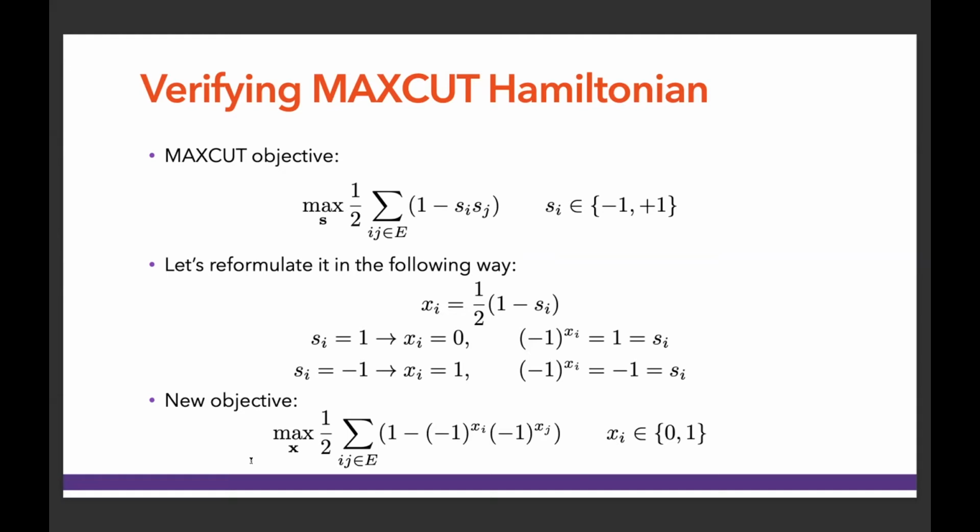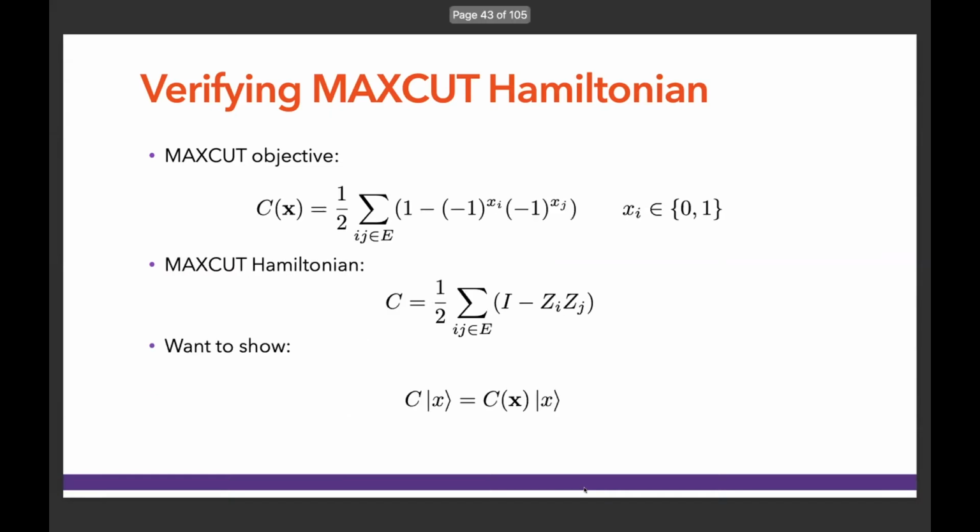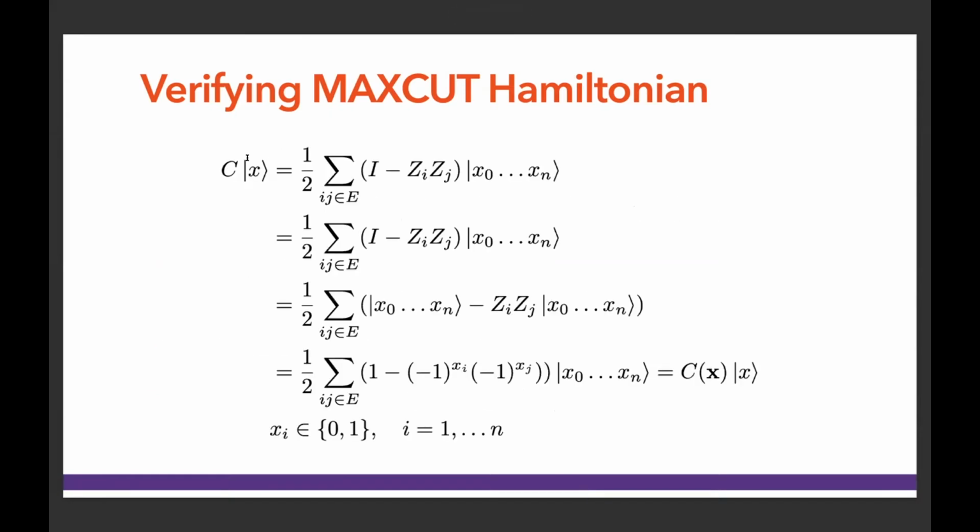And this is then our new objective. So now hopefully it's clear what we're doing here, because this is simply the action of Pauli Z of zi zj on computational basis state X. And we can just verify it directly by taking this Hamiltonian and hitting Pauli X with it.